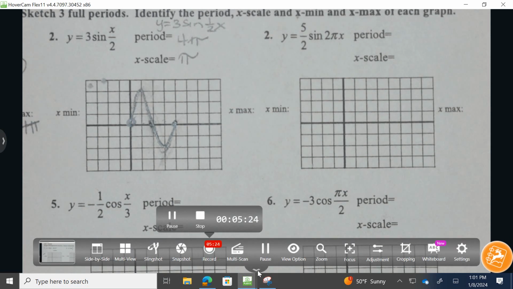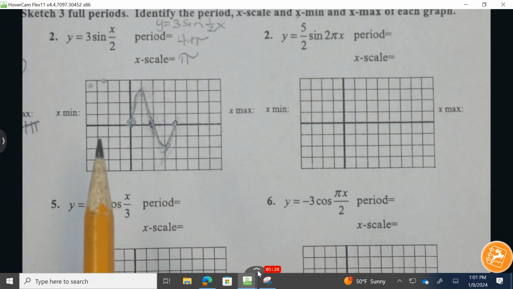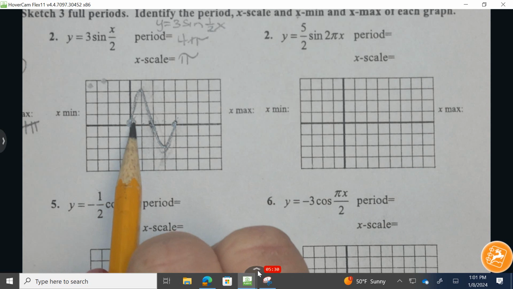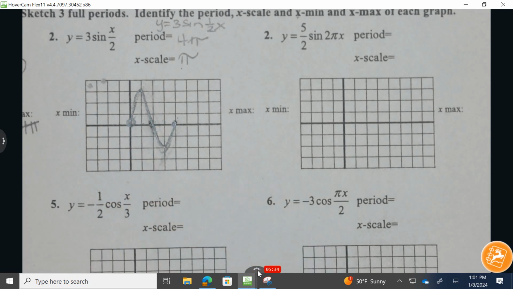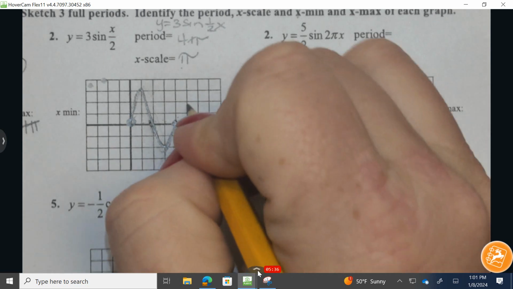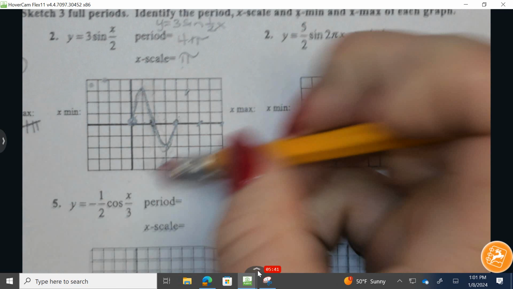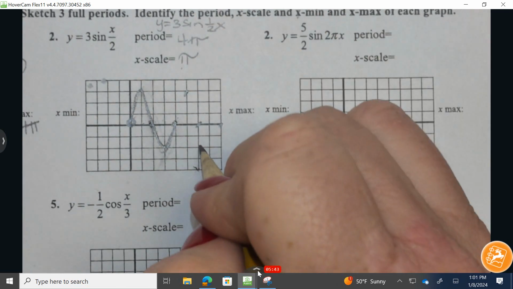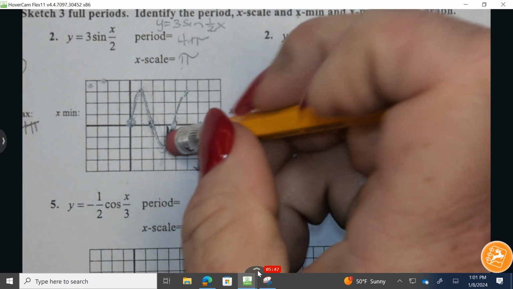This is the distance of 4 pi. And the distance on the horizontal axis of each one of these steps is a distance of pi. I'm going to continue this. Three up, and should be 3 down, not 2 down.